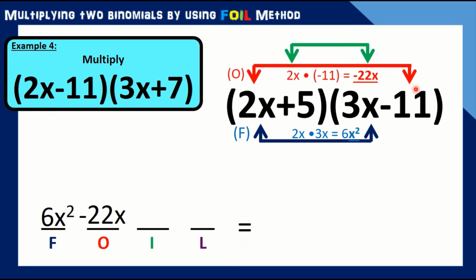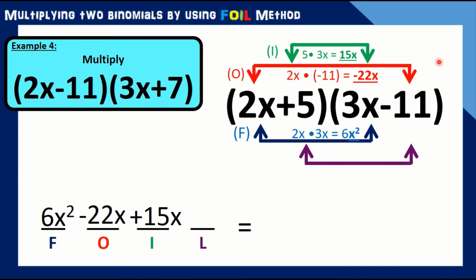For the inner terms, 5 times positive 3x equals positive 15x. And then the last terms, we have 5 times negative 11 is equal to negative 55.